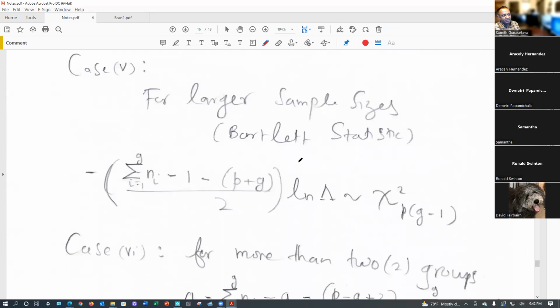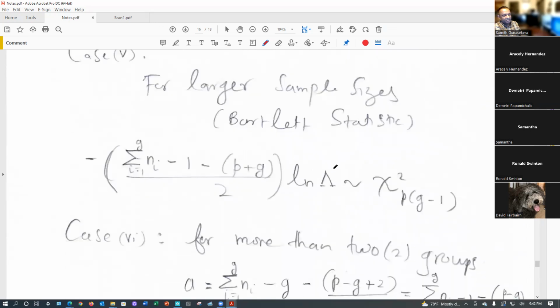That means you get the Wilks lambda, take the natural log of that, and multiply it by this factor to make it chi-square, P times G minus 1.